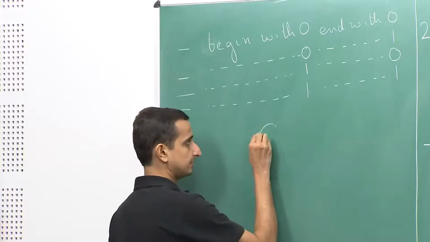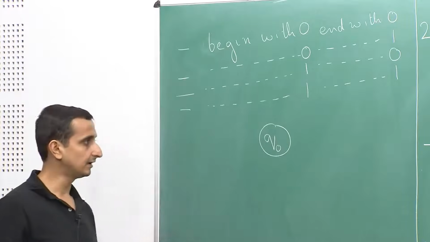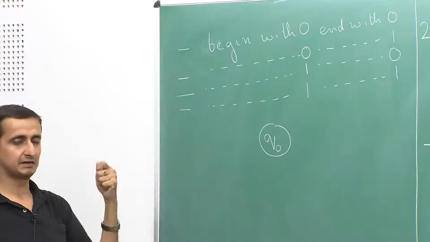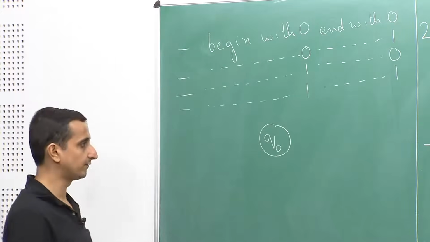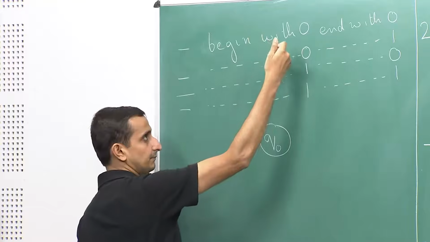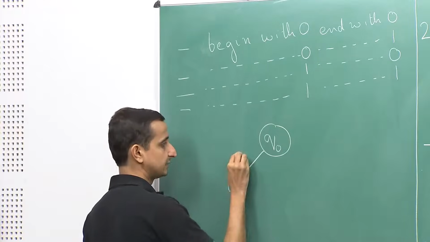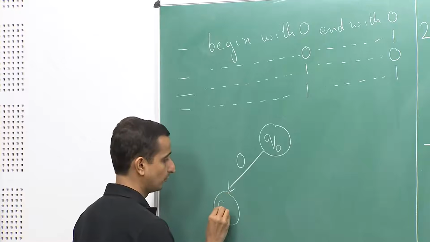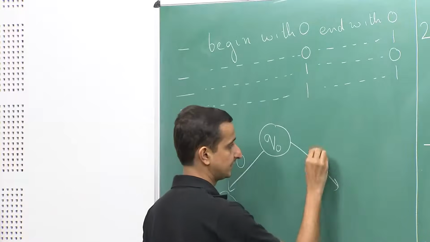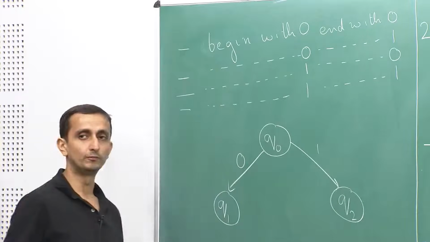So, we start at some state Q0 and the moment we see the first bit of the string, we go in 2 different directions corresponding to either the string beginning with a 0 or beginning with a 1. So, if the string begins with a 0, I go to state Q1, let us say, and if the string begins with a 1, I go to state Q2.